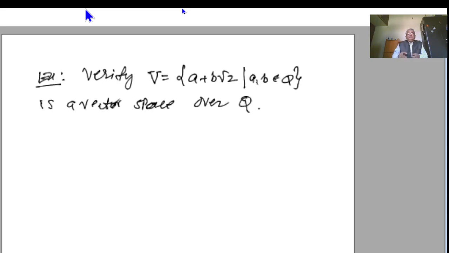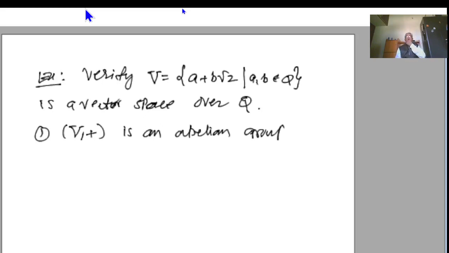So again we have to verify all the four axioms here. Number 1, (V, +) is an abelian group. For that, closure law.